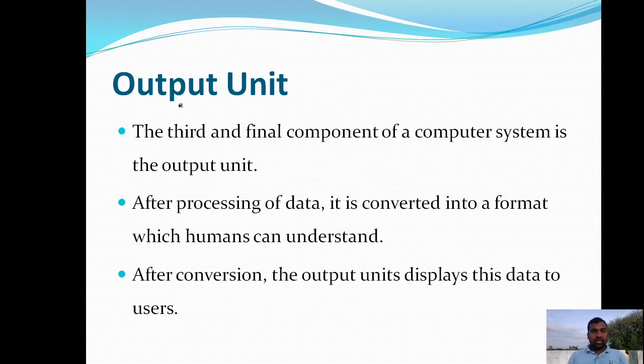The last component of the computer that we are going to discuss in today's session is the output unit. We already discussed the input unit and the central processing unit.